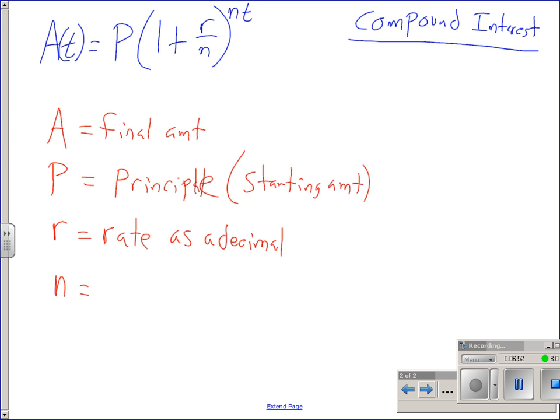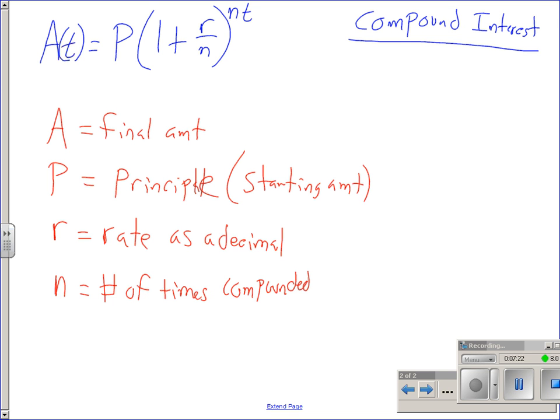N is the number of times compounded. So a lot of times what happens is, if any of you have a bank account, you get a bank statement every month. And so your bank will pay you an interest for that month. It gets put into your account.